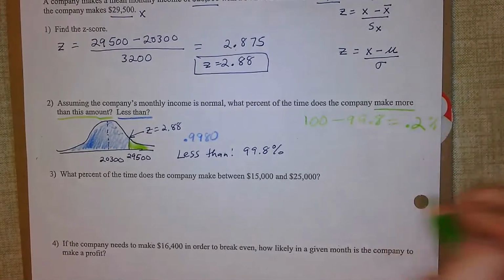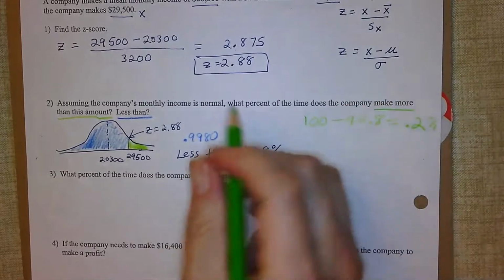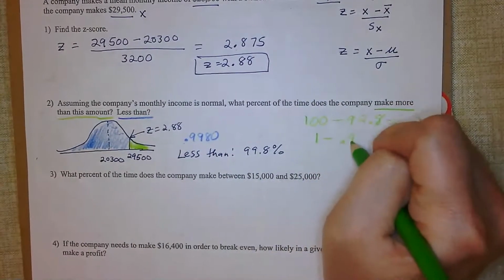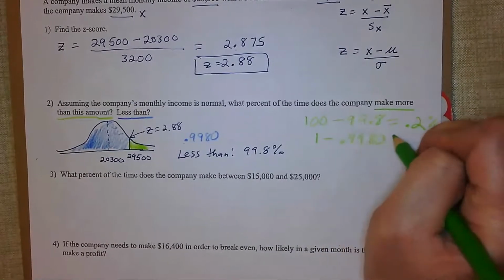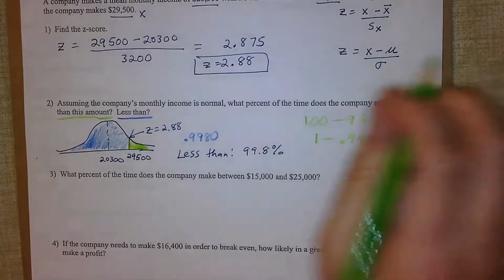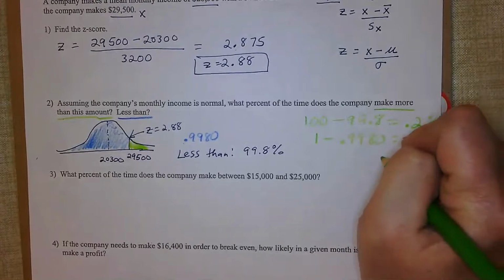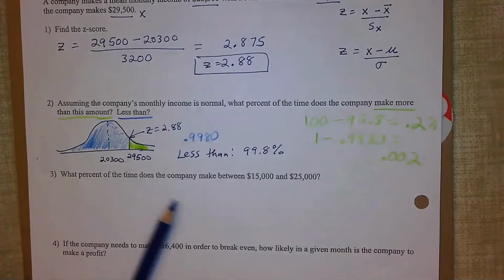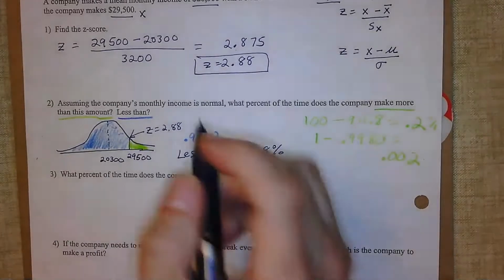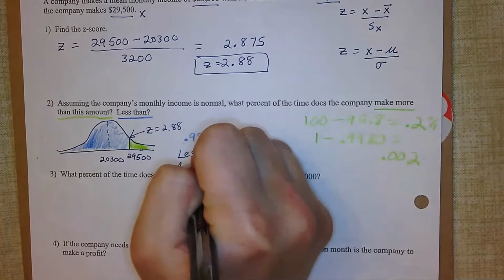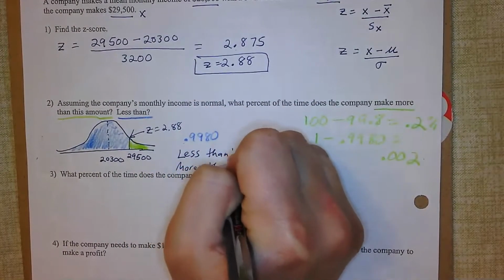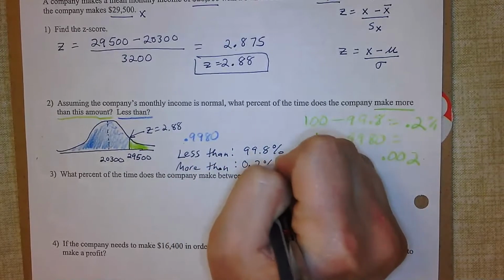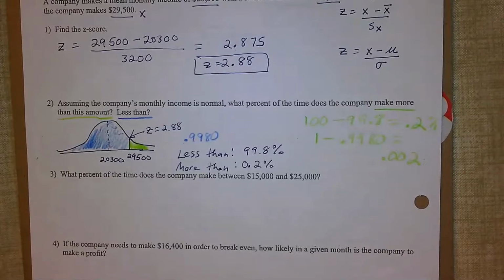Or I can remember that if I'm going with the 0.9980, I could do 1 minus 0.9980. I get 0.002. And then when I move my decimal over 2 places to turn it into a percent, I get they earn more than $29,500 0.2% of the time.